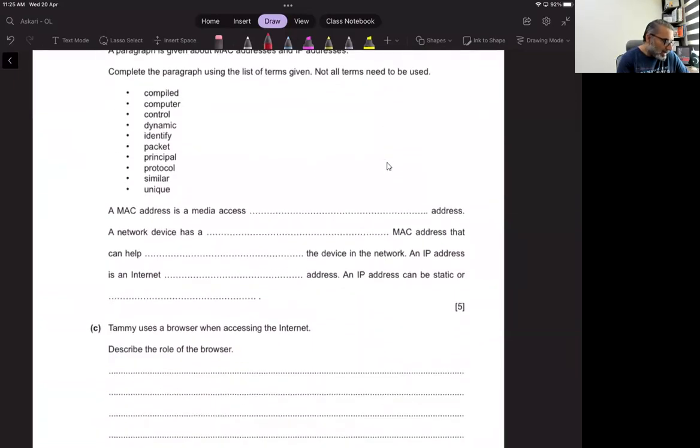So a MAC address is media access control. Media access is already written, you have to write control. There we go.